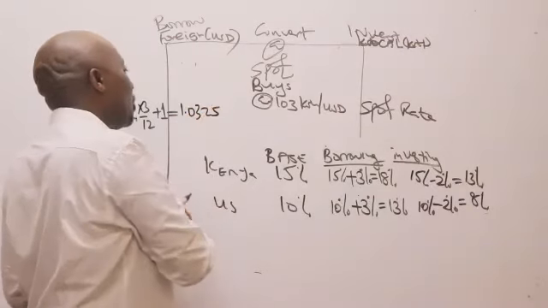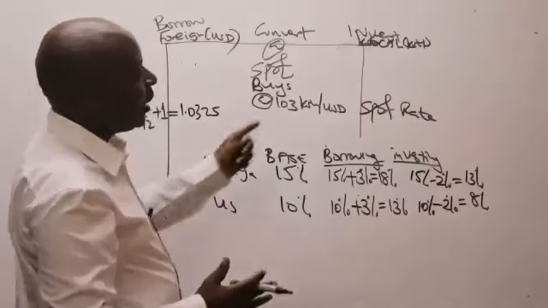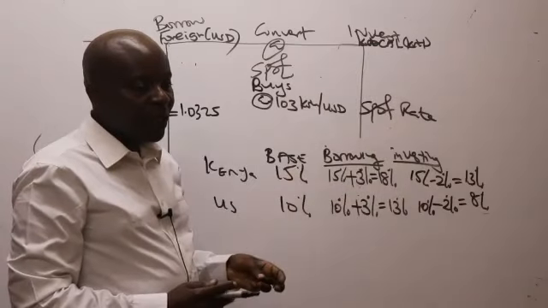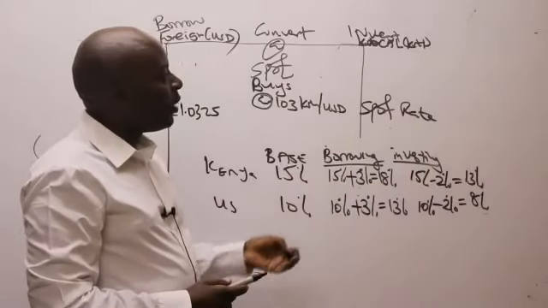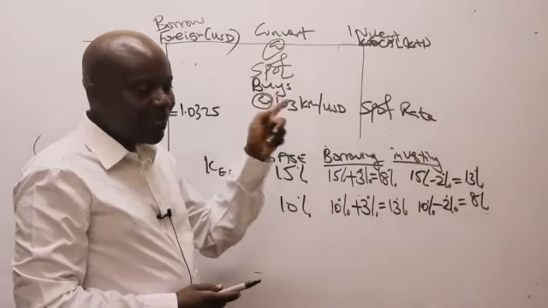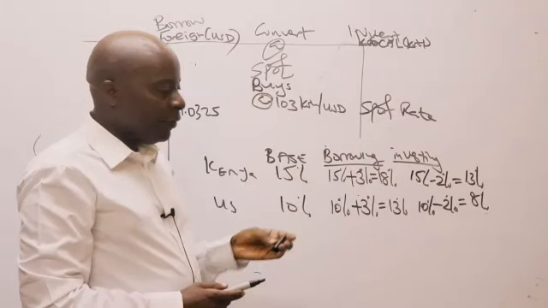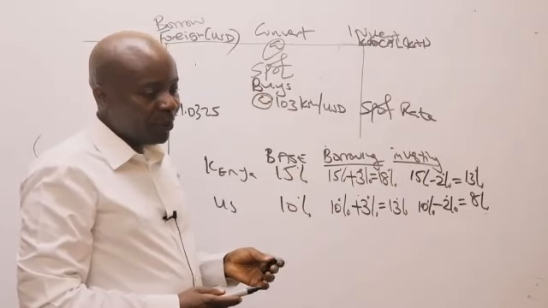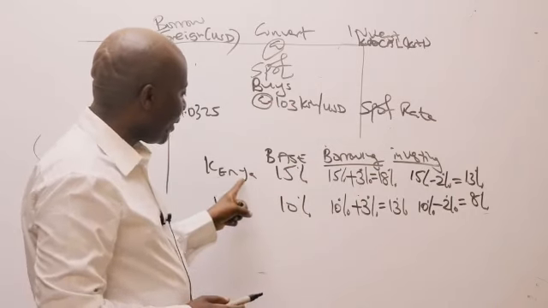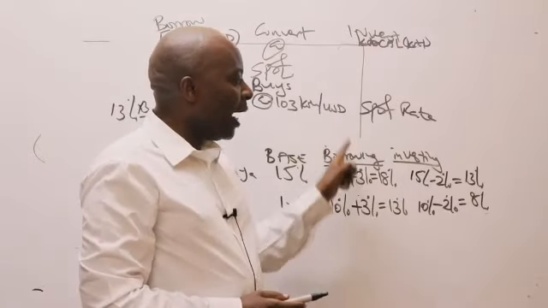Then straight away, jump to the other leg. So this other leg, now we are investing Kenya shillings. Is there somebody who is able to see the investing rate in Kenya? I have the investing rate.